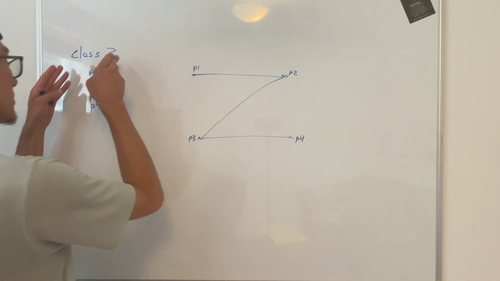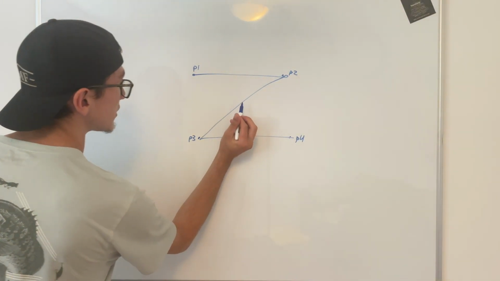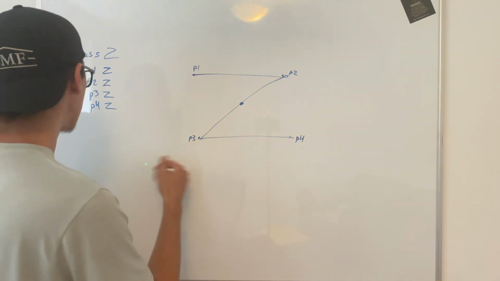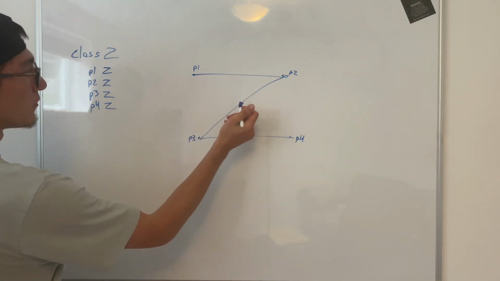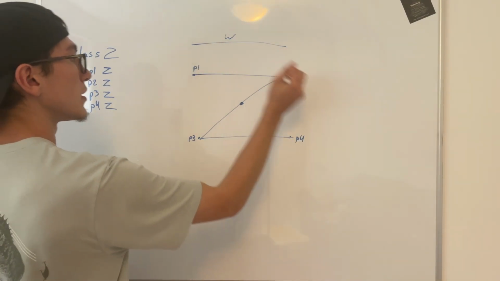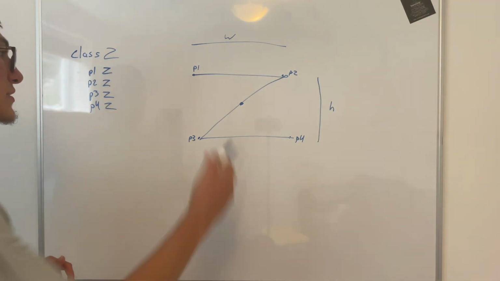Where do we want to position this one, this one, this one, and this one, right? So I was thinking we could get the position as being this point, the middle point of everything, right? And possibly we would also need the width and the height of the Z, right?